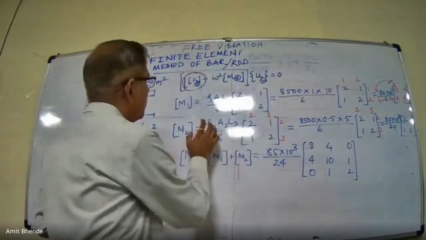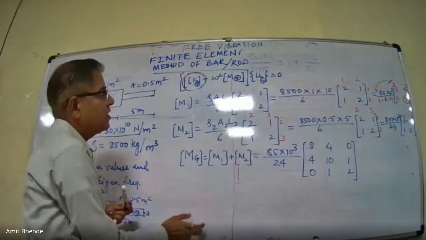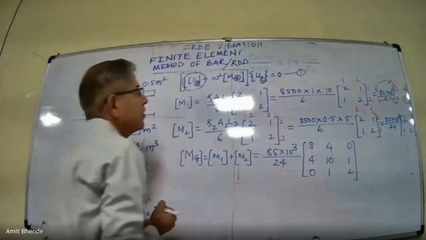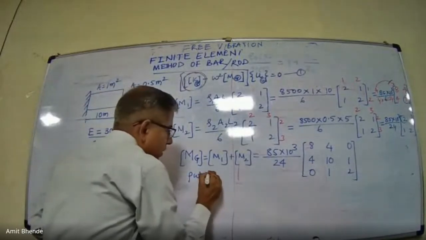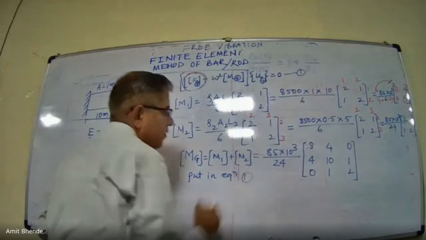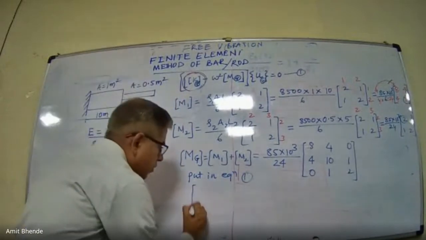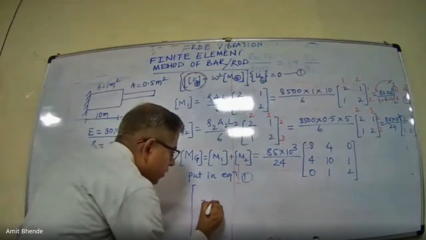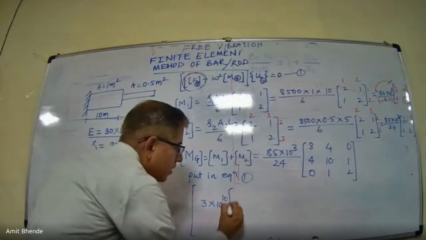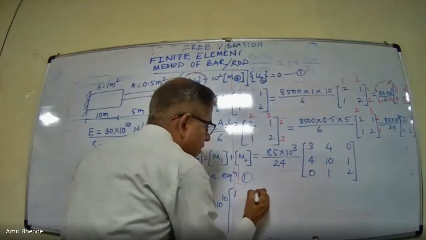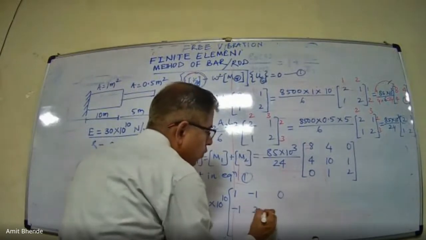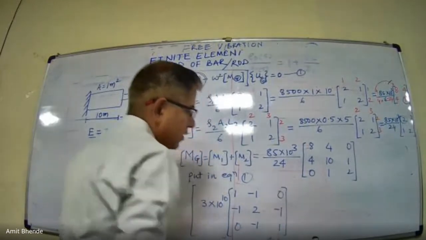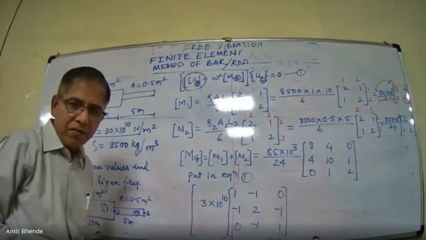Now we will put these values, that is the global mass matrix and the global stiffness matrix, in this equation. So let it be equation number 1. Put in equation 1. Now the stiffness matrix comes out to be 3 into 10 to the power 10 in bracket 1 minus 1 0, minus 1 2 minus 1, 0 minus 1 1. So this was our global stiffness matrix.